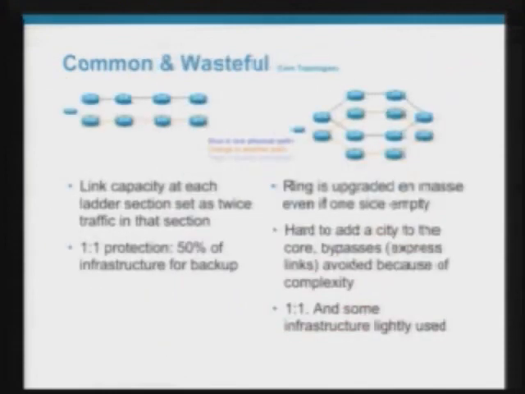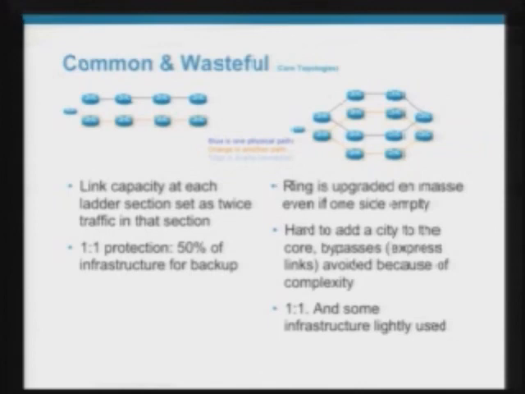Specifically, building core topologies that are built in ladder shape or ring shape are just wasteful, because for each of those, you're setting aside a whole unit of capacity as backup for every unit you're using for your primary. It can be expensive.